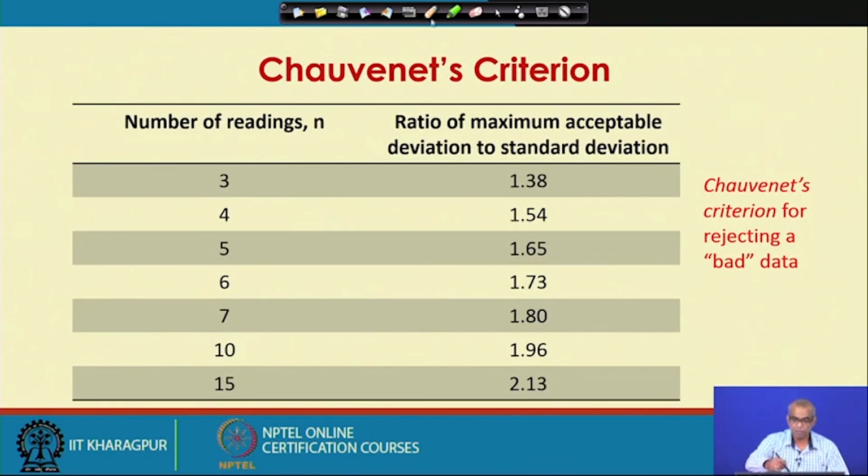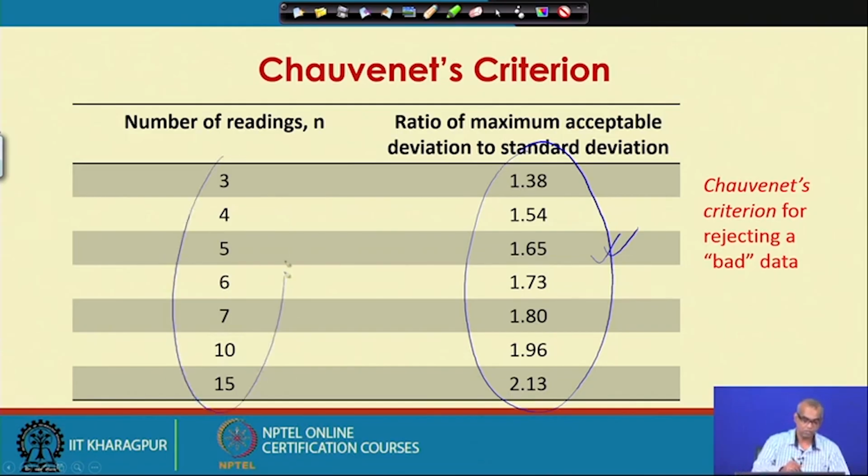So, this is an example of Chauvenet's rejection table. This is the ratio of maximum acceptable deviation to standard deviation, and these are the number of readings.